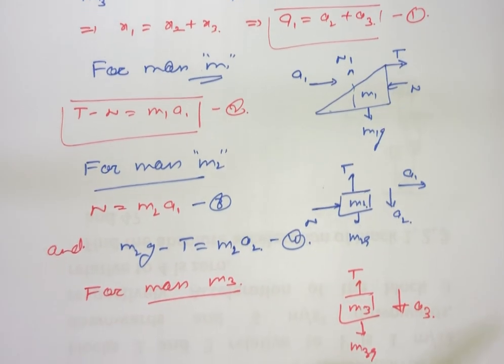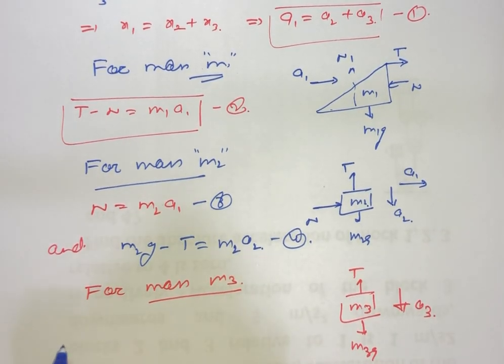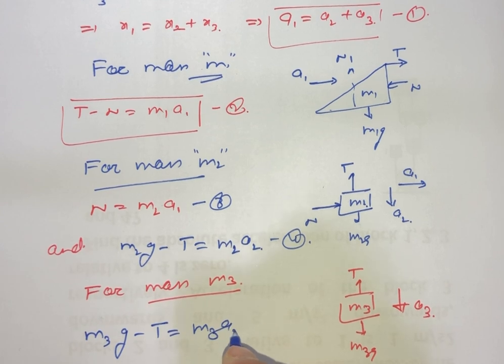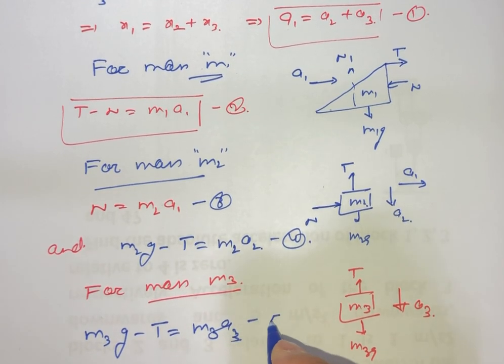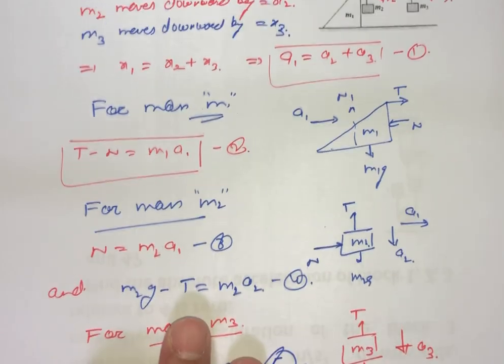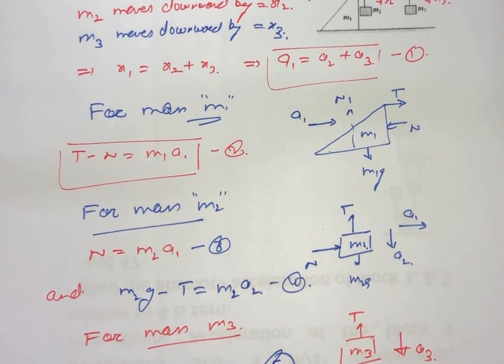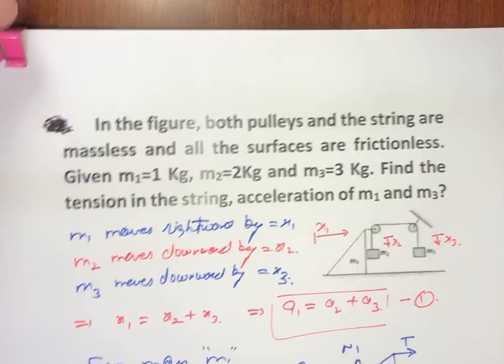So we can write the equation as M3g minus T will be equal to M3a3. That will be equation number 5. Now we are going to use all the equations 1, 2, 3, 4, 5 and try to solve it.